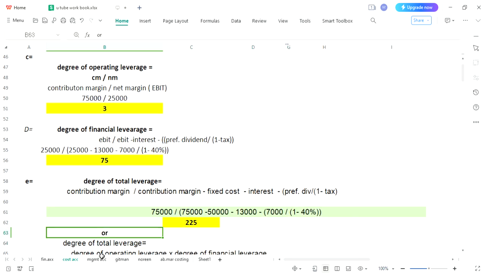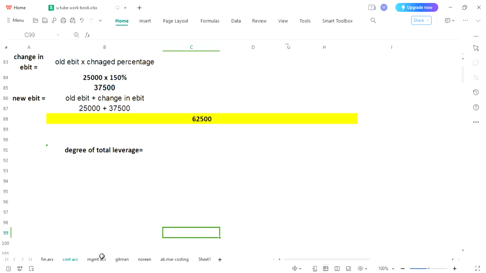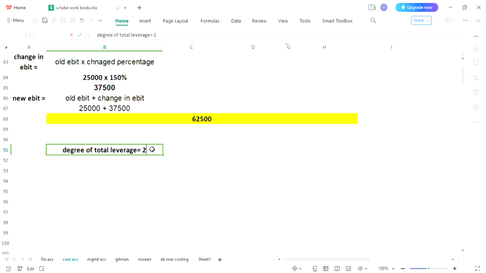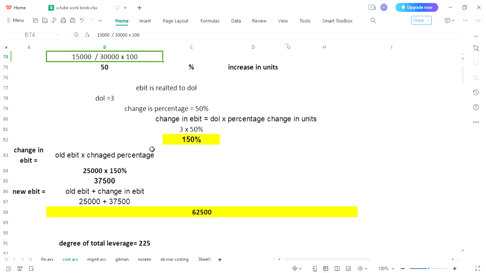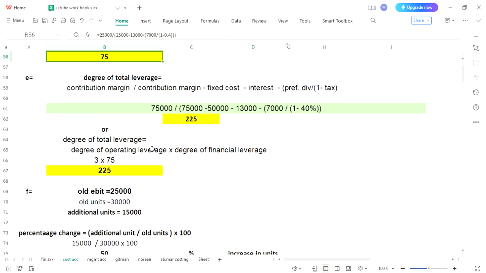It was 225 here, and we are just noting it down. That was 225, and you can see that we have calculated our changes as well.